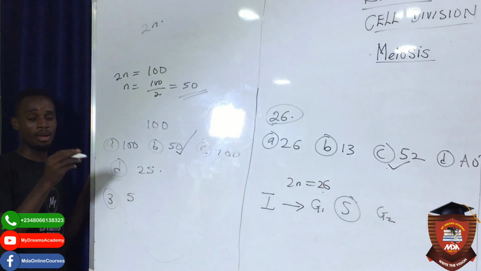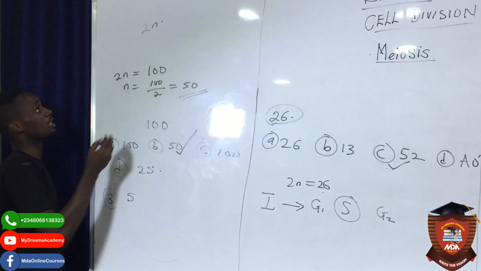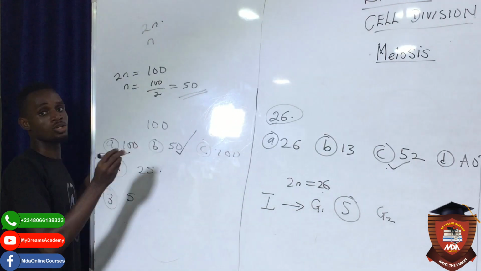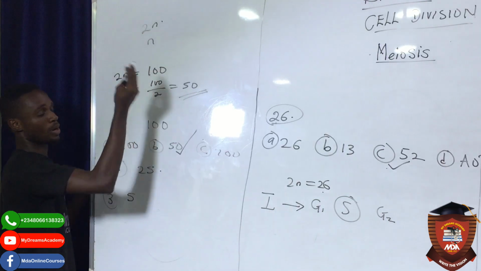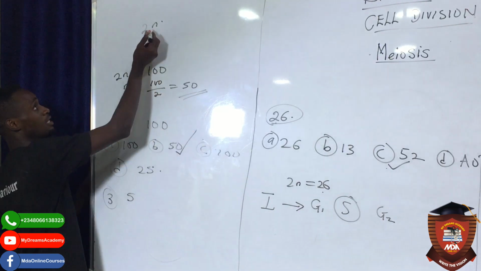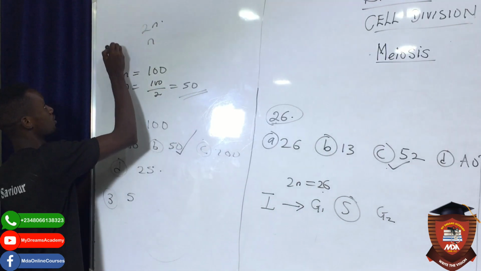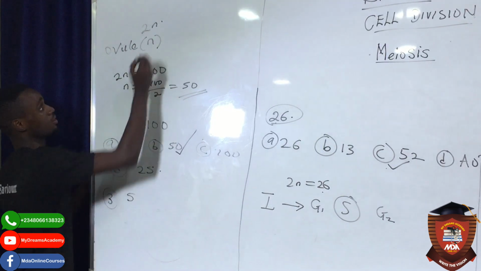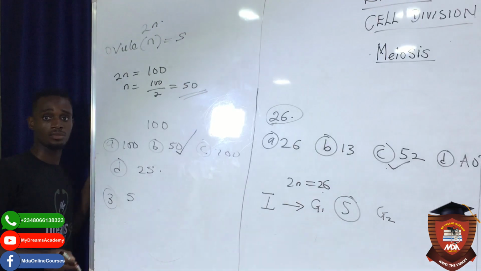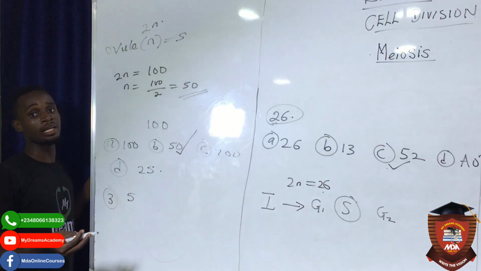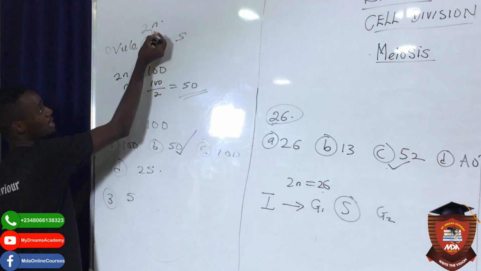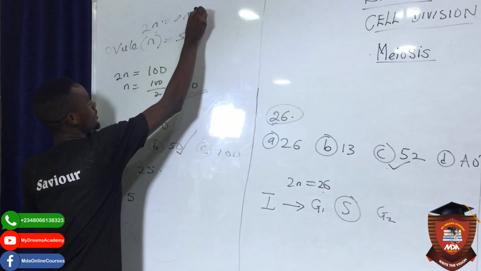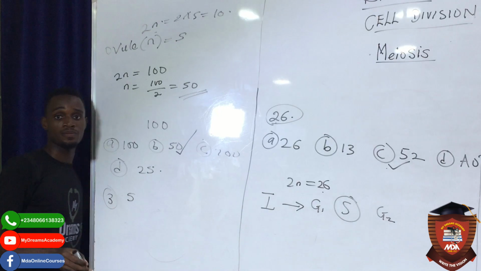But the ovule in the hibiscus flower is a germ cell and has N. So ovules have N, and from the question, that N is 5. Now they are asking how many are there in the mesophyll cell. Mesophyll is somatic, and that's 2N. So that would be 2 times 5, and that's 10 chromosomes.